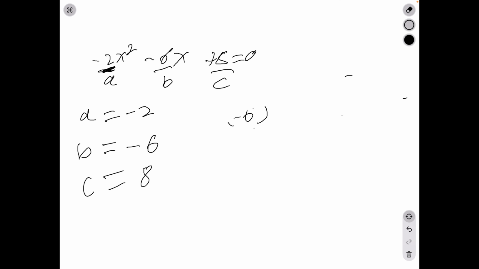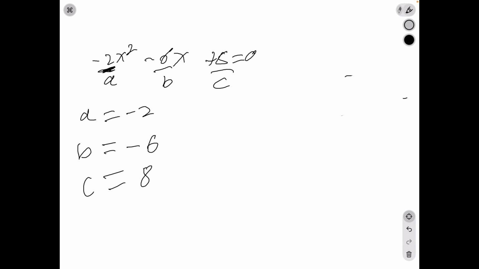This is a really common mistake I see in most people. So negative b, if you substitute, the negative and negative will cancel each other out, and this will equal just 6. Remember that.